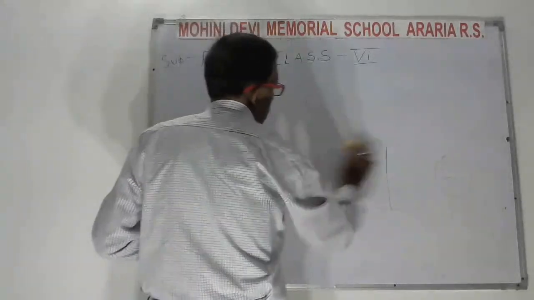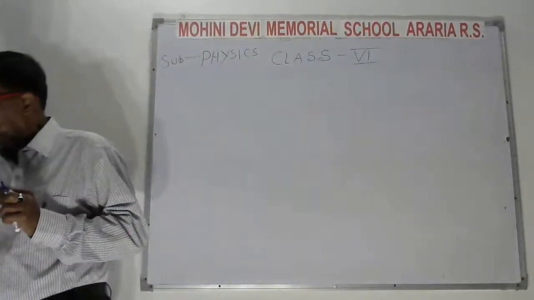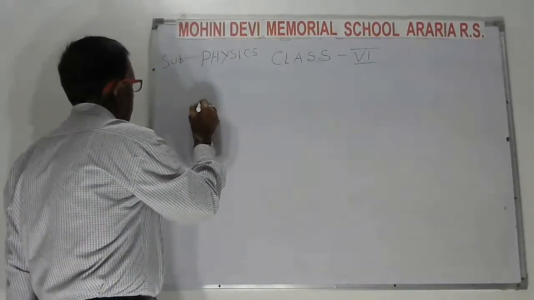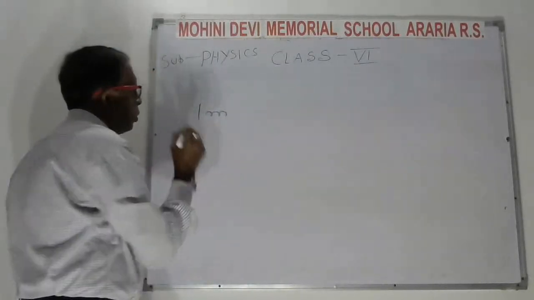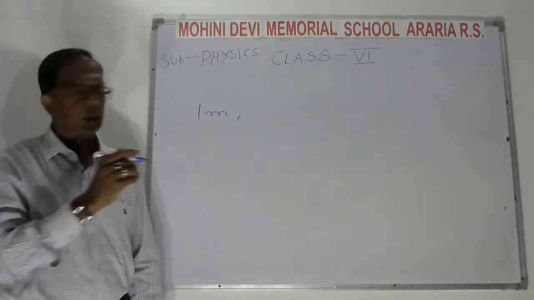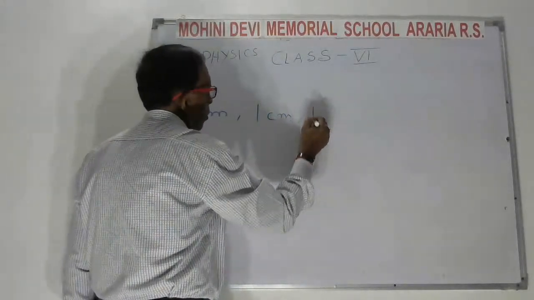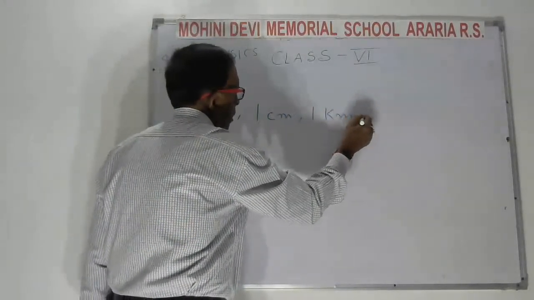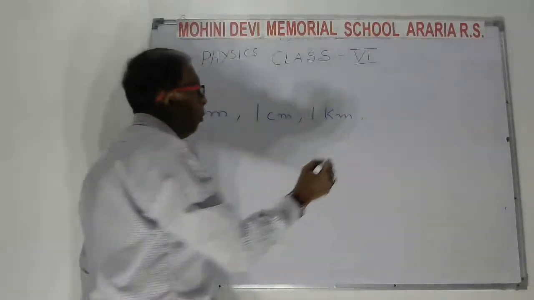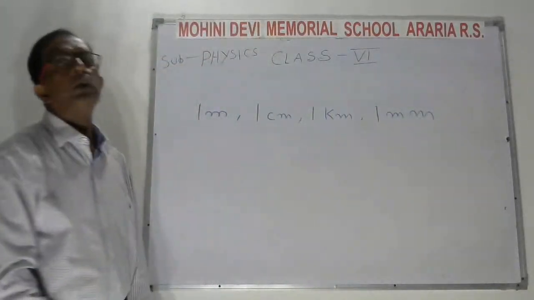I am writing the question here, then you will arrange it in increasing order. 1 meter, meter is denoted by m. Next, 1 centimeter. Next, 1 kilometer. And the last is 1 millimeter. You have to write in increasing order.